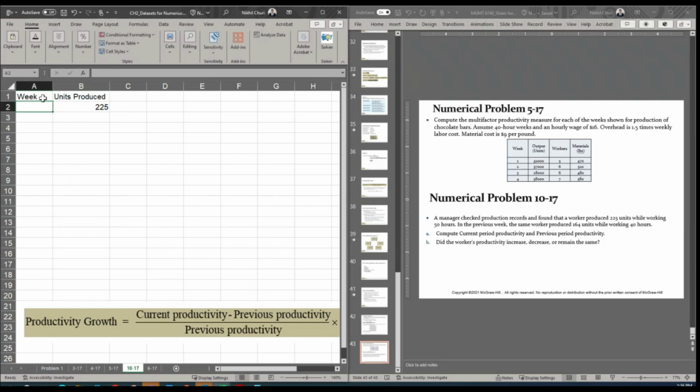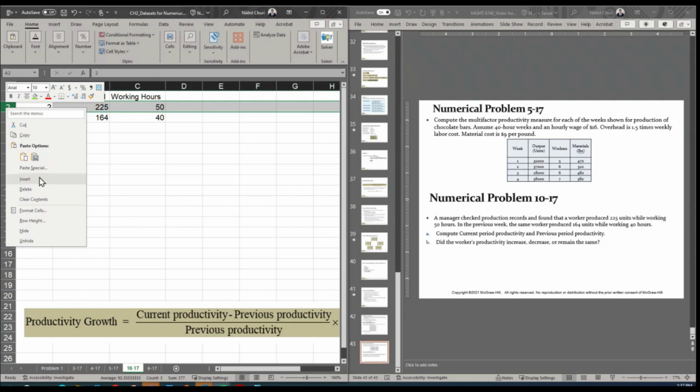I'll call this week 2 and the previous one week 1. And here the number of hours he worked, right? Hours or working hours. 225 were made at 50 hours, and previously the output was 164 while working for 40 hours. Perfect, that's all that is given.